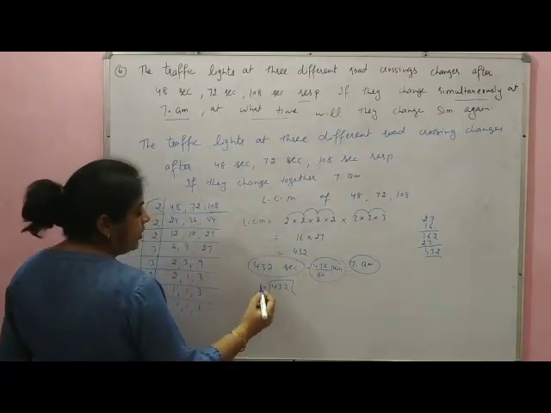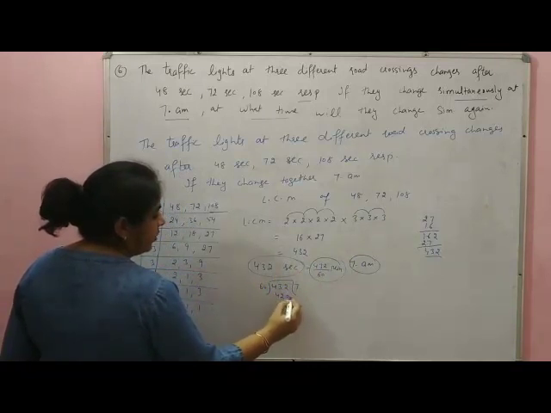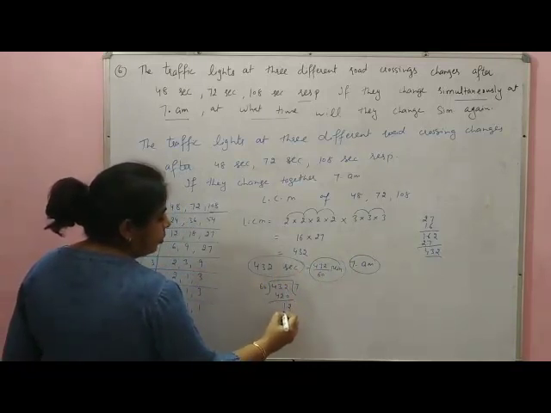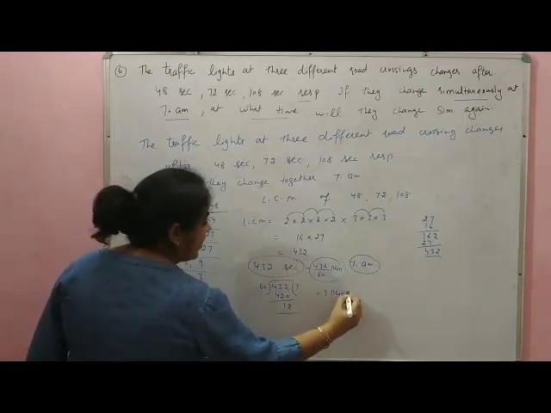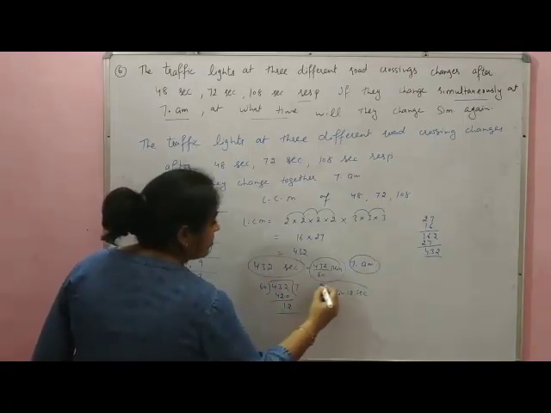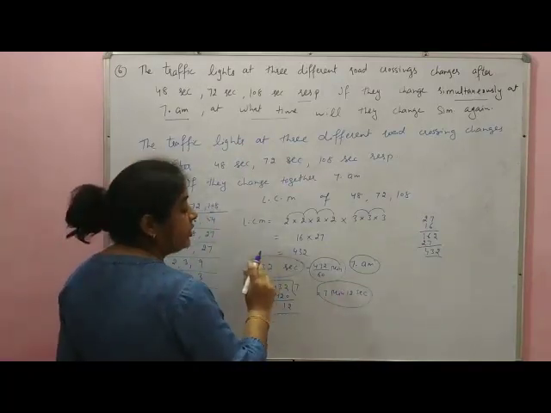So it goes 7 times with remainder 12. It means after 7 minutes and 12 seconds, all three traffic lights will blink together.